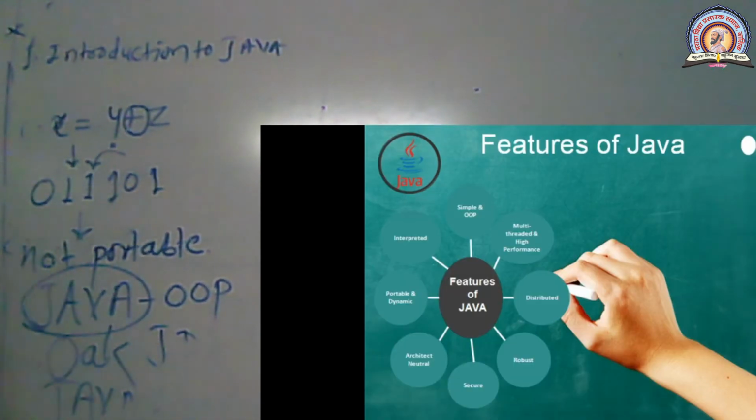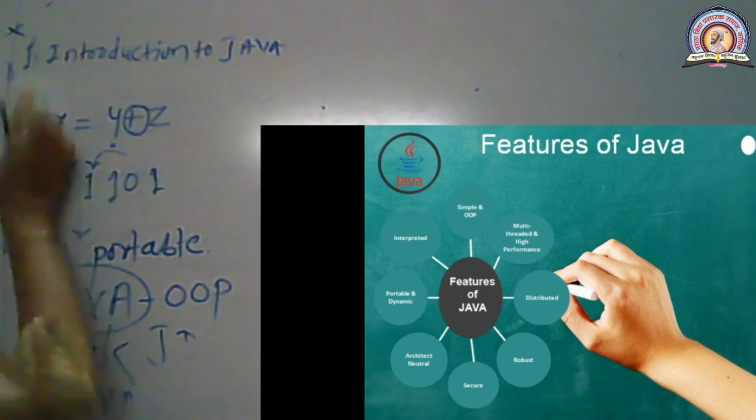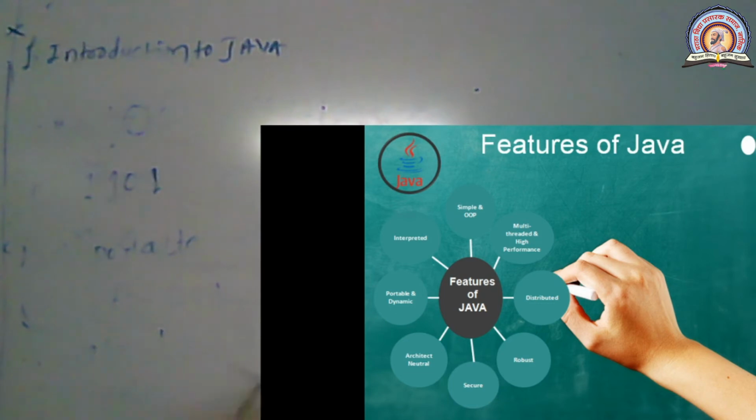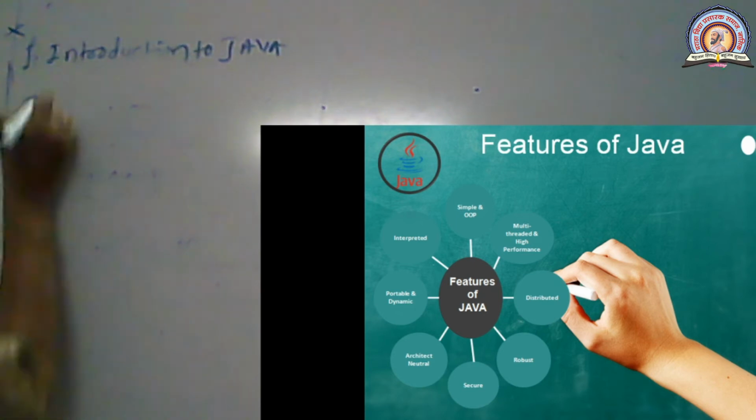Now let us turn towards the features of Java. There are different features of the Java programming language. In that, the first one is that it is a simple one.